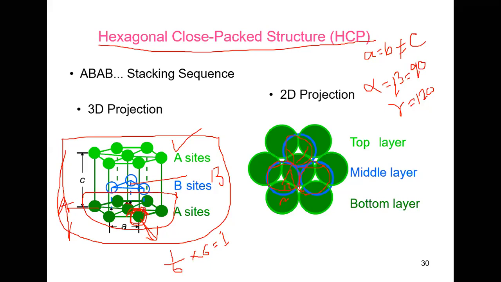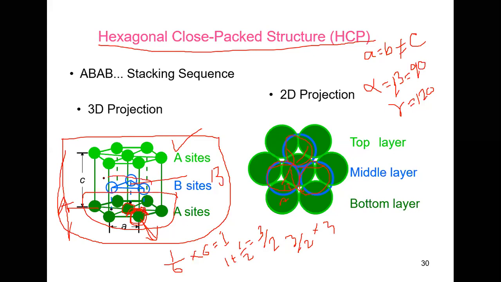And the center atom is shared by this unit cell and another unit cell at the bottom, so its contribution is half. So 1 plus half is 3 by 2 from the bottom layer. The bottom layer and top layer are exactly the same, so another 3 by 2. So 3 by 2 multiplied by 2 gives you 3 atoms from the bottom and top layers.